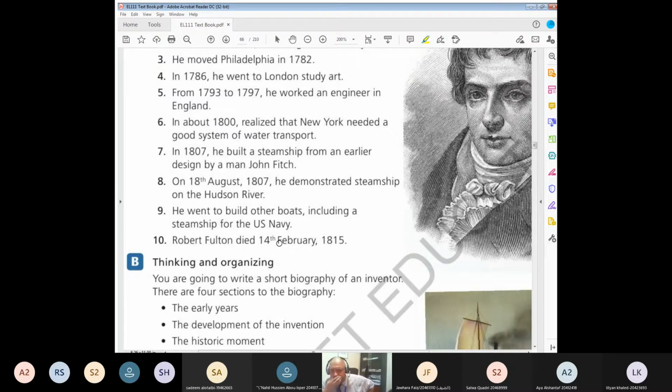Nahil, go ahead. Number 5, from 1793 to 1797, he worked an engineer in England. So the answer will be from 1793 to 1797, he had worked an engineer in England. No, this is not the answer. This is not what we have in mind. Can I try? Yes, try. He worked as an engineer in England. Yes, he worked as an engineer in England.